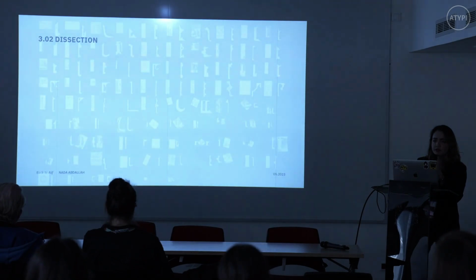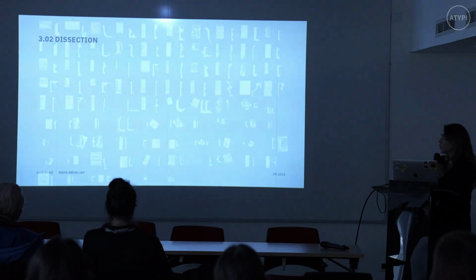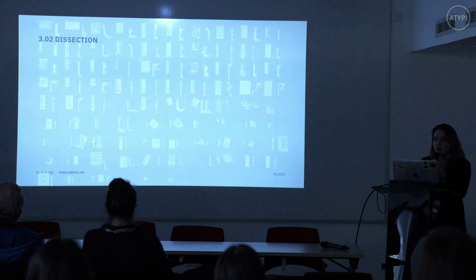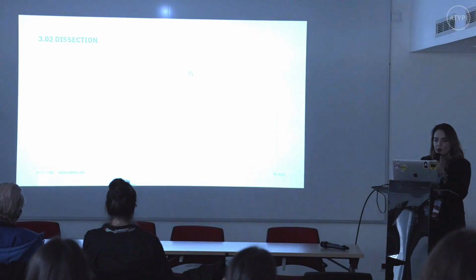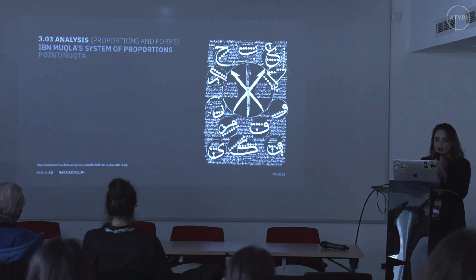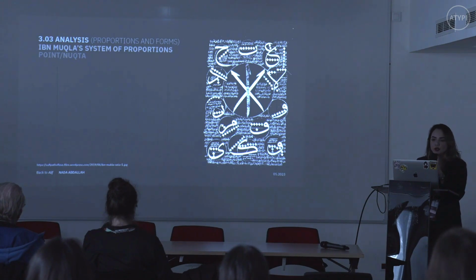So the first step was the dissection step. I had to draw precisely the letter forms very neatly, and then later on thought that I need to do something with that. It can't just be drawing the letter forms. I need to analyze and to do something about it.